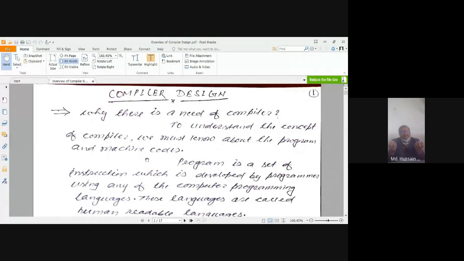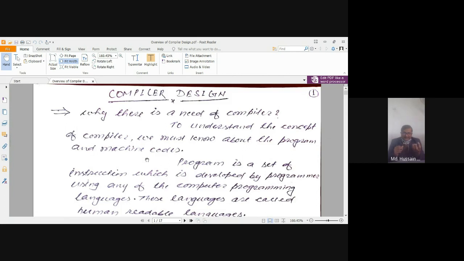So basically what is a compiler? A compiler is a program that takes one language as an input and produces another language as an output. In other words, a compiler is a translator that translates high level language to the low level language and vice versa.